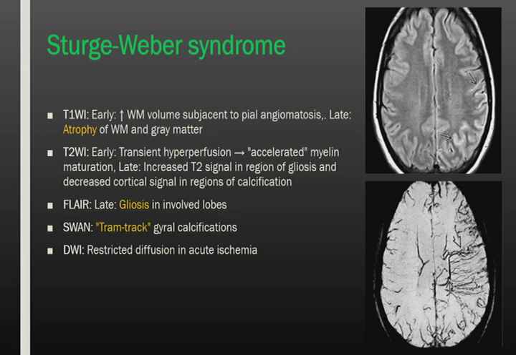On FLAIR in the later stage we can see gliosis in involved lobes. On SWAN, the classic tram-track calcification, and in diffusion, restricted diffusion in acute ischemia.